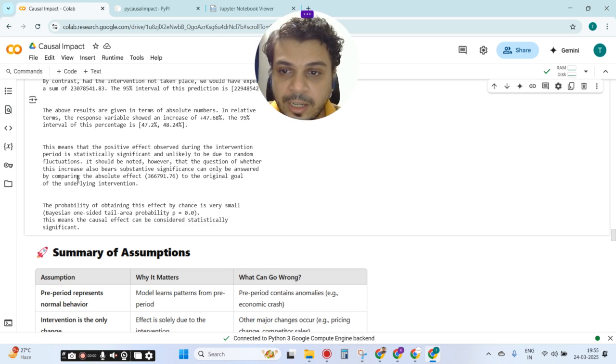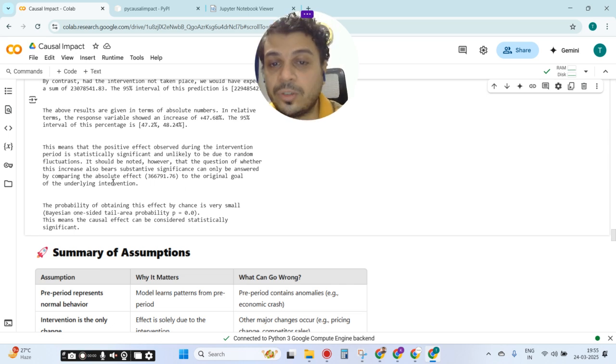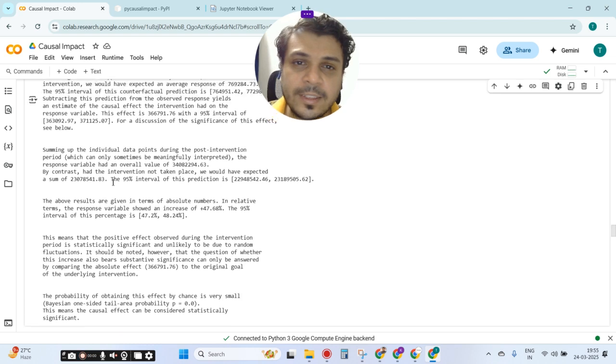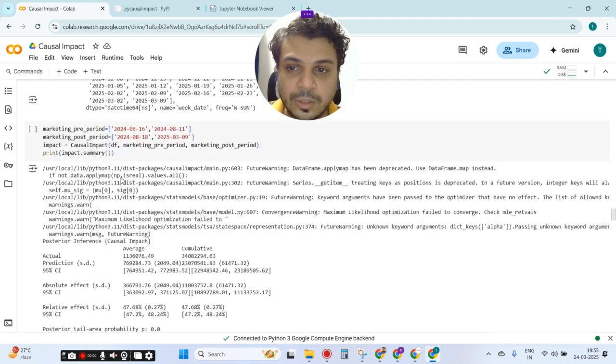And it's also interesting that you can compare the absolute effect to the original goal of the underlying intervention, right? The question of whether this increase also bears substantive significance can only be answered by comparing the absolute effect to the original goal. So I think this is a very interesting output.